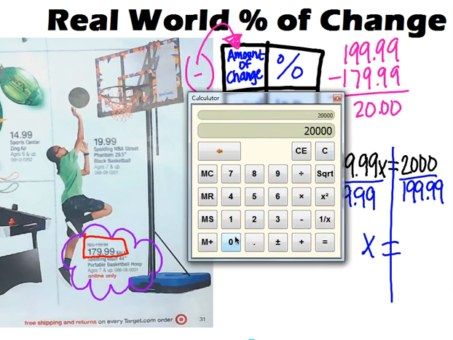So 2,000 divided by 199.99. And we get 10.0005. We'll just say that is approximately 10%.